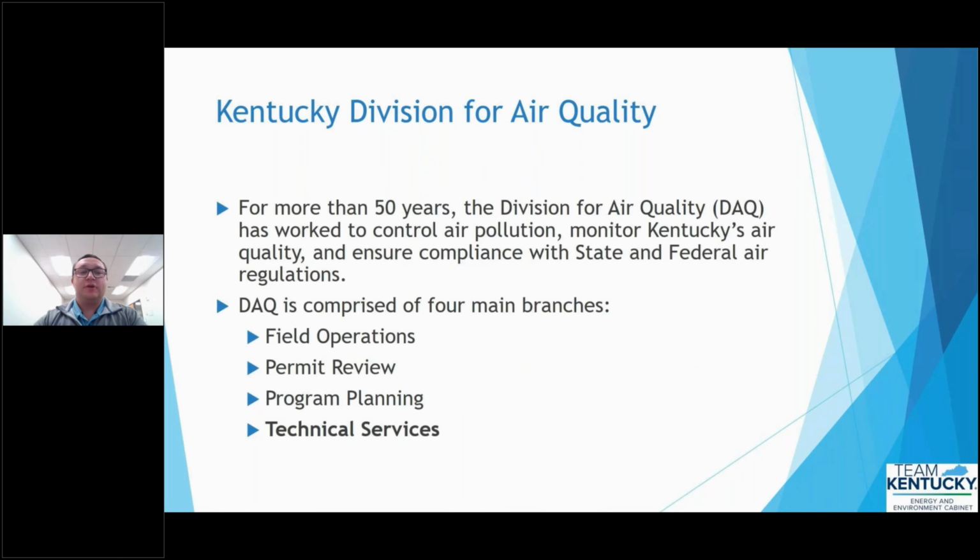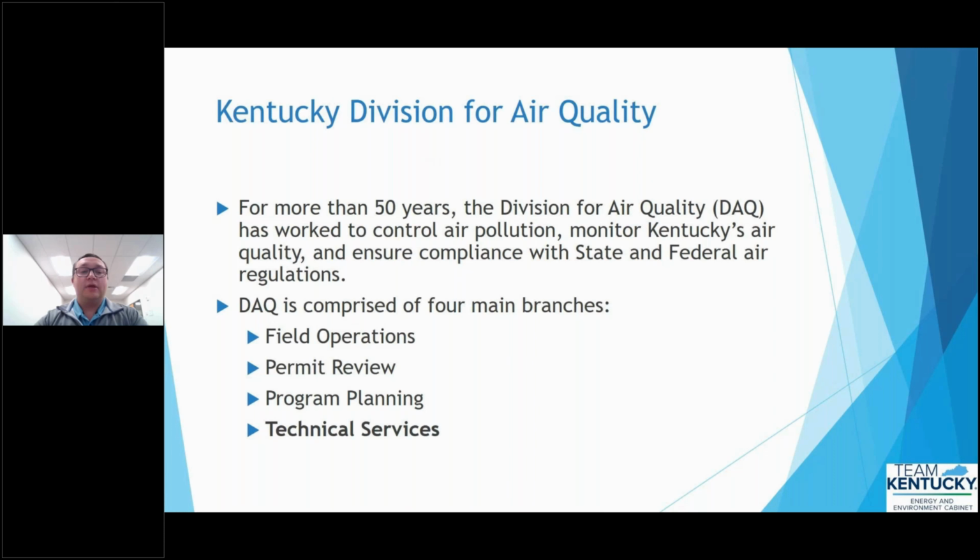So the state's Division for Air Quality has been operating for over 50 years. Our agency has been conducting ambient air monitoring since 1967. Currently, our division is led by our director, Michael Kennedy, and the division is split into 4 main branches. The Field Operations branch is primarily responsible for compliance evaluations of facilities.